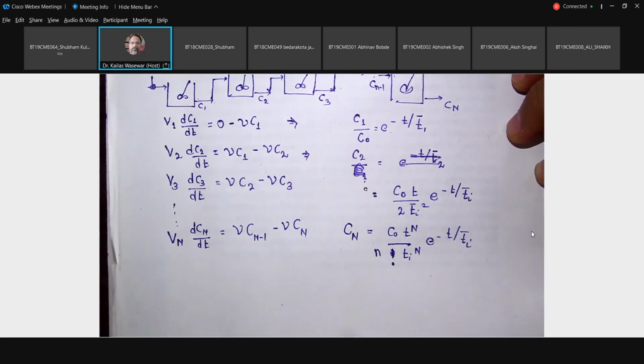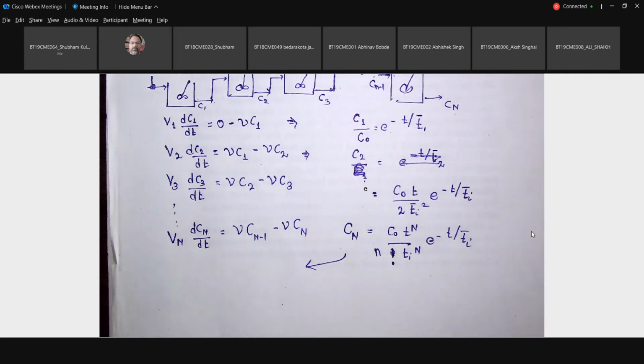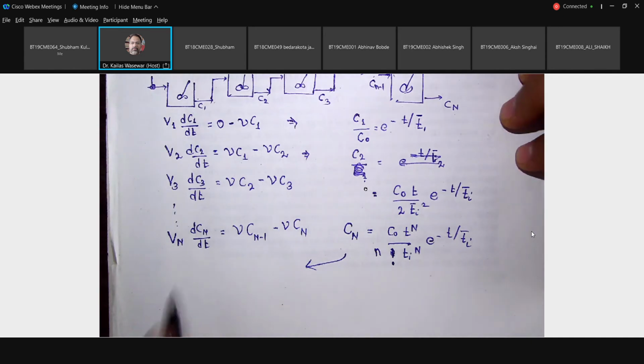So when you write this particular equation for n, what equation will you get? If you write it for E, we know that E is equal to C upon the integral of C dt.